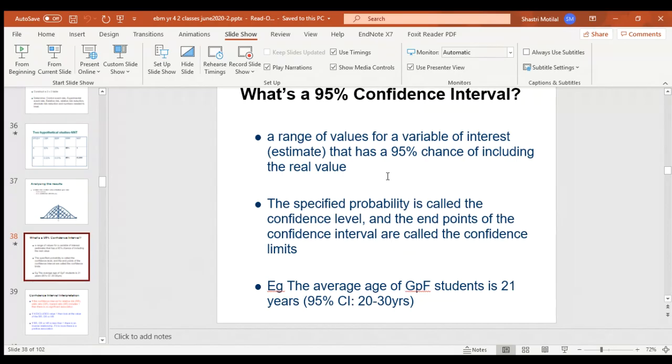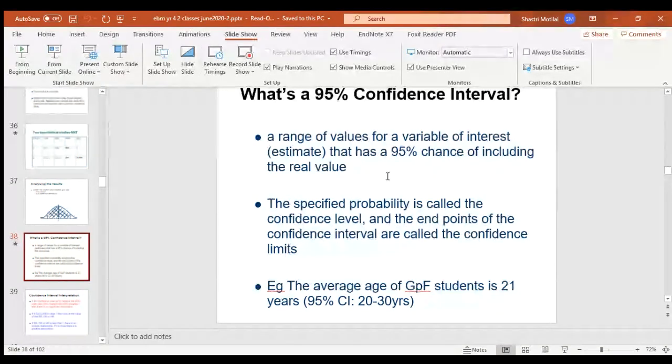And I try to give a somewhat silly example here relating to you guys, Group F, class of 2022. I could say I'm not sure what the average age of Group F students is. Probably it's close to 20, 21. I know that is roughly the average age of most of you guys. But suppose I said the 95% confidence interval for the average age of Group F students is 20 to 30 years.